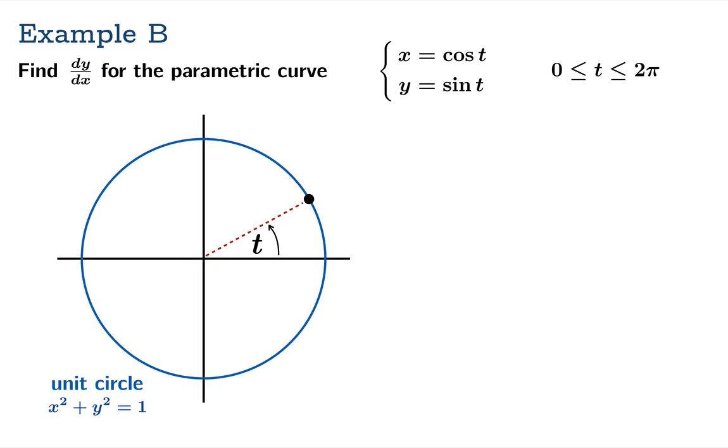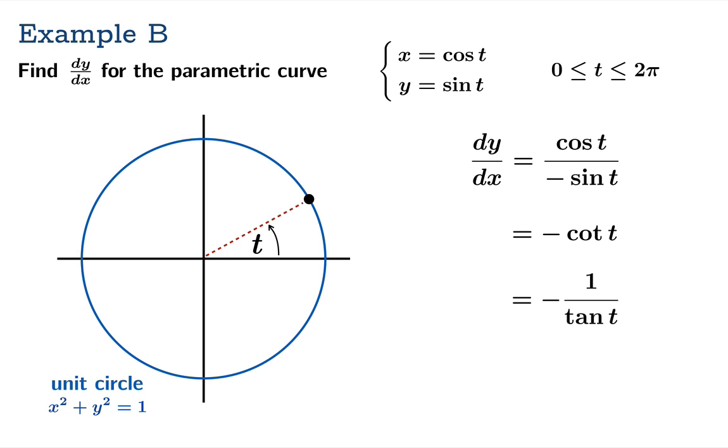Now we want to find dy/dx at any particular t, and our formula tells us that in this case we should get cosine t over negative sine t, which we could write as negative cotangent t. But for reasons that'll become clear in a moment, let's write this as -1 over tangent t. We're going to take a look at the picture on the left, and we'll notice that for that angle, the horizontal component has length cosine t, and the vertical component has length sine t.